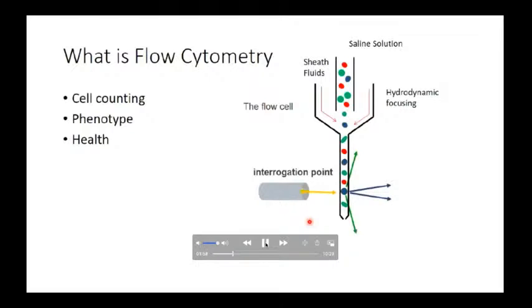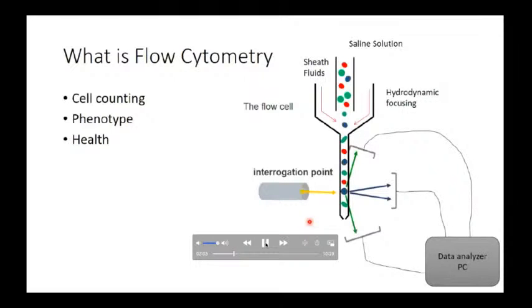These two events, or this light scattering, are detected by specific detectors called the forward detector and the side detectors. These detectors are connected to a PC or a data analyzer, which is going to analyze the data obtained from the detectors. Now, this is in general.